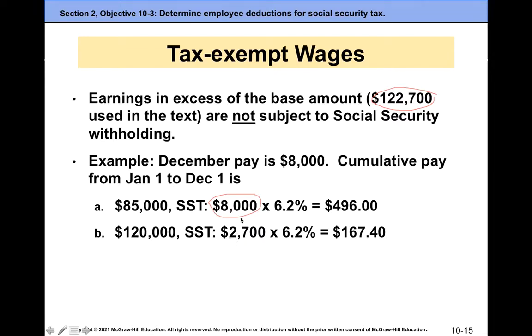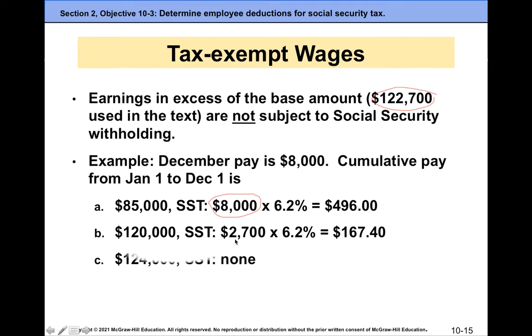So only 2,700 is taxable. Everything else, which would be, what is it? 5,300 is not taxed. She does not pay Social Security on anything earned in excess of base.